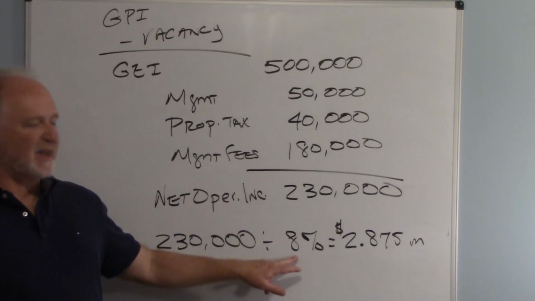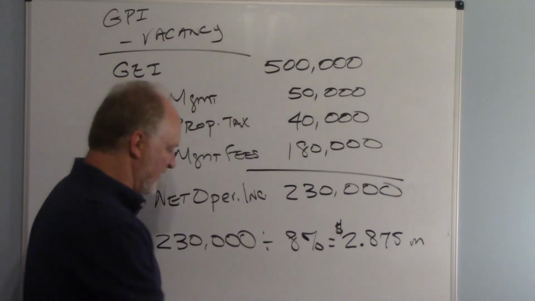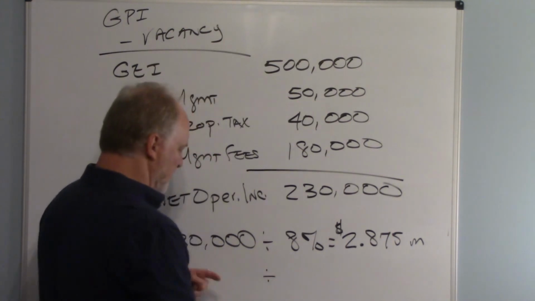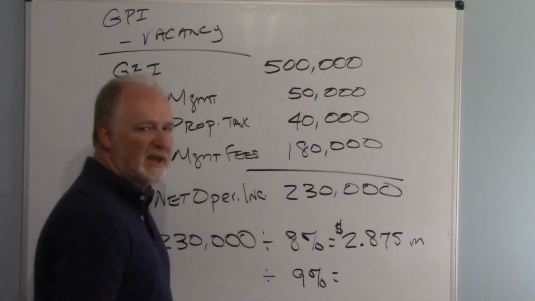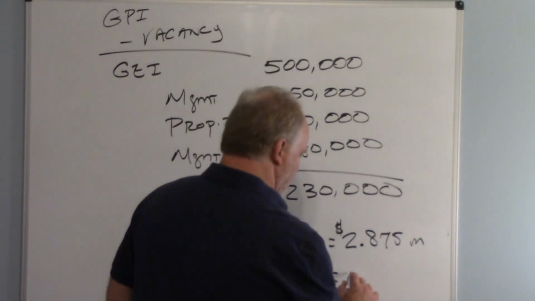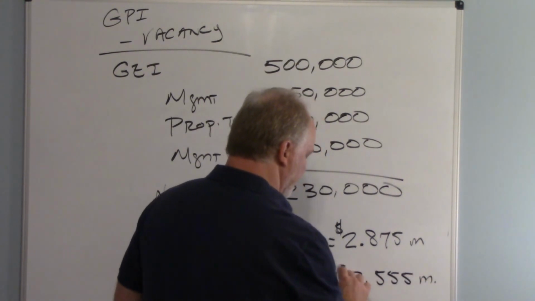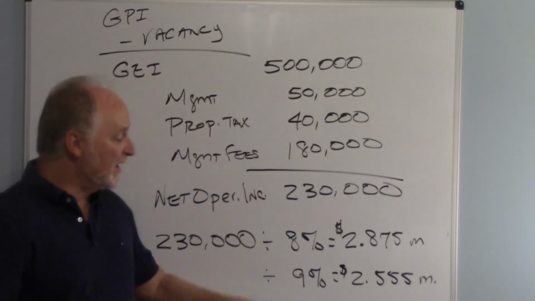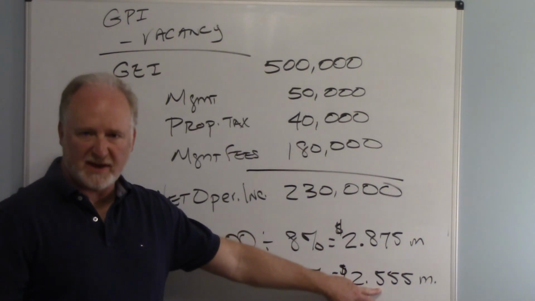If this cap rate had been 9%, then what would have happened is, matter of fact, Lisa, solve that for me real quick. If it's 230 divided by 9%, if it's a higher cap rate, 2.555 million, it's lower. Why? Well, if you need a higher rate of return, you have to buy the building for less money.